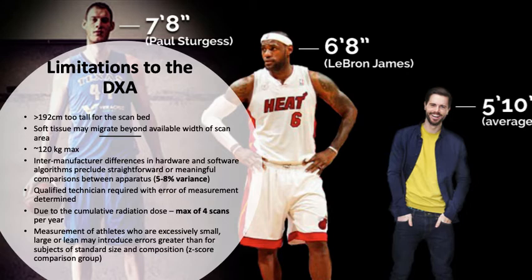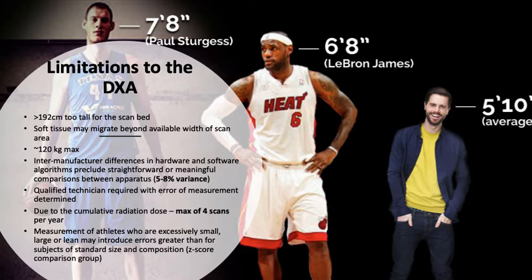As well, soft tissue may migrate beyond the available width of the scan area. It's relatively narrow, the scan area. The bed is quite narrow. So for individuals who are larger, or an athlete who's quite thick, it's really hard to get them fully on the bed. So again, you have to move them over so one half of the body is on the bed and do a second scan where the other half of the body is on the bed.